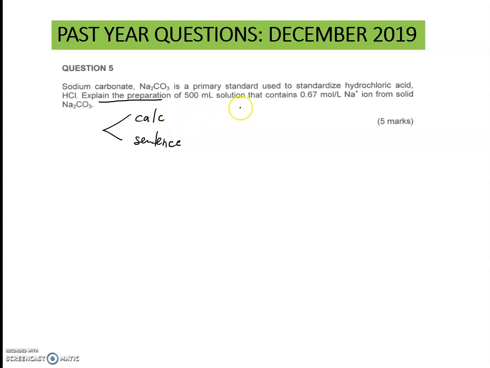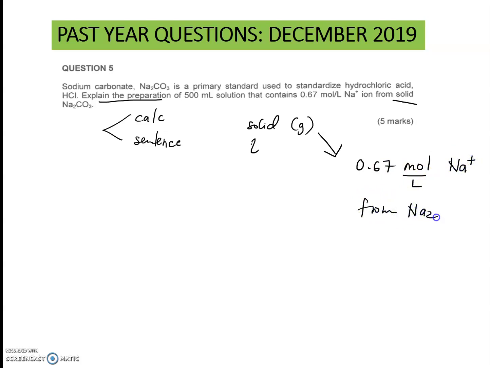And then you must know whether it is from solid reagent or liquid. If solid, you have to find mass. If from liquid, you have to find the volume, how much to transfer. So here it is solid, so you find mass. The concentration given is now in unit molarity of ion from sodium carbonate.